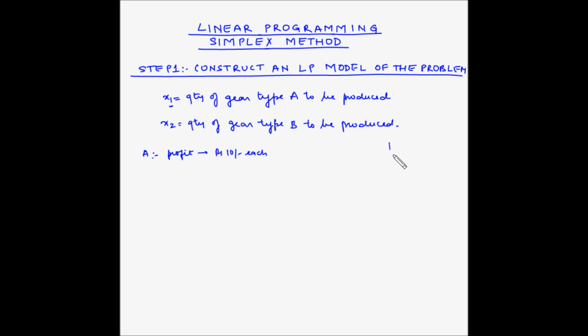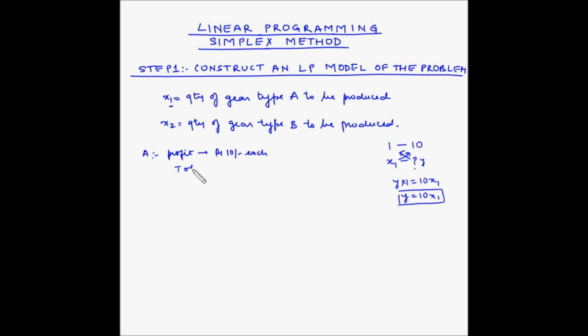One number of gear type A generates a profit of 10 rupees. So x1 number of gear type A will generate how much profit? Let's say this is Y. So here we can cross multiply. Y multiplied by 1 is equal to 10x1, or Y is equal to 10x1.